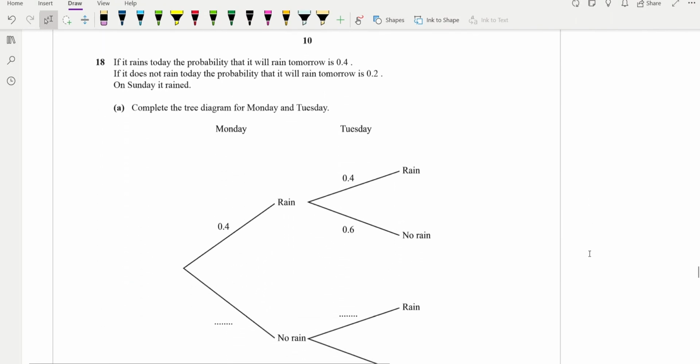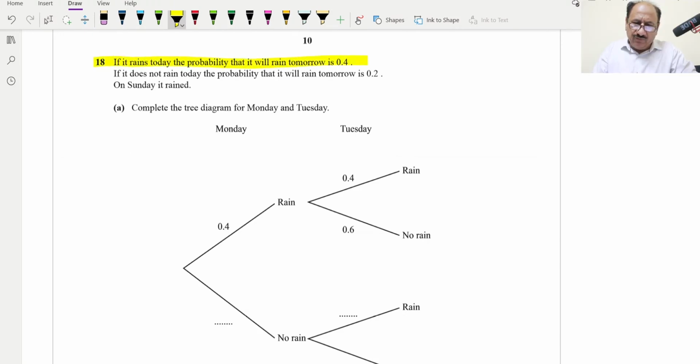Question number 18 says, if it rains today, the probability that it will not rain tomorrow is 0.4. If it does not rain today, the probability that it will rain tomorrow is 0.2. So on Sunday it rained. So complete the tree diagram for Monday and Tuesday.